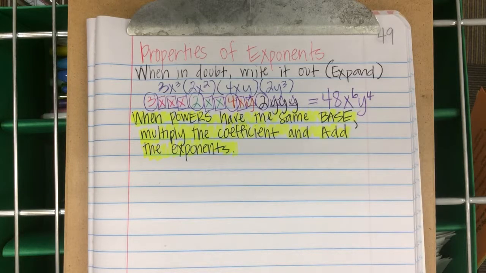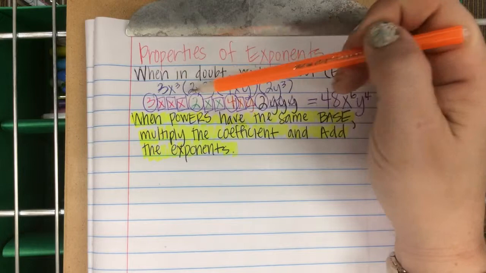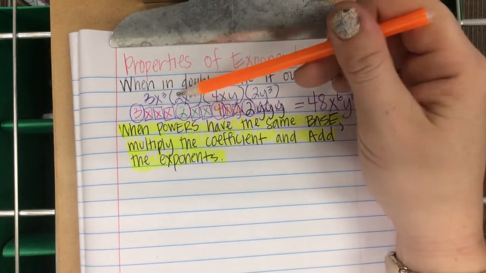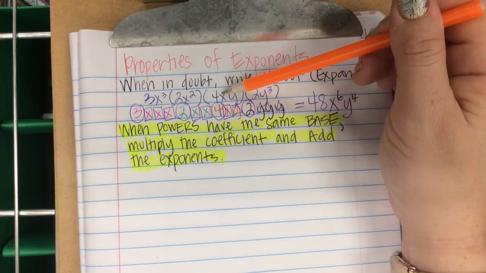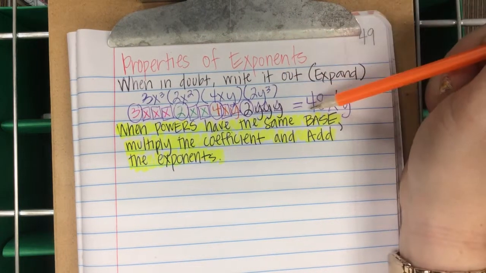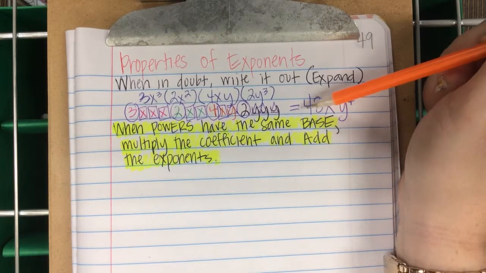So if I look back to my original problem, my coefficients were 3, 2, 4, 2. 3 times 2 is 6, times 4 is 24, times 2 is 48. Multiply the coefficients, add the exponents.